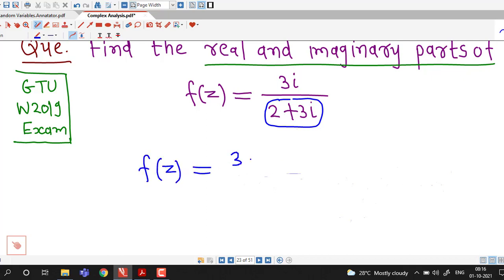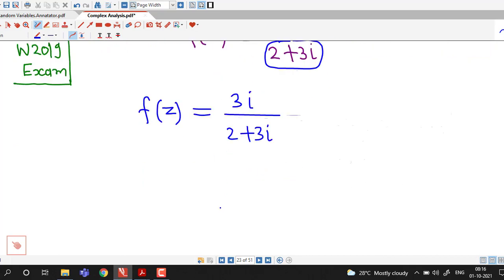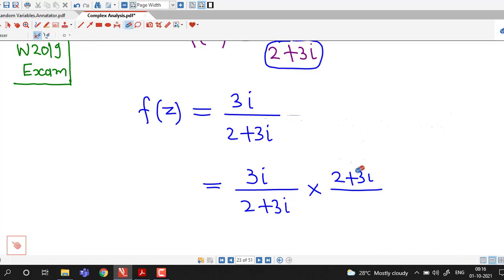So f of z is 3i divided by 2 plus 3i, and we multiply 3i by 2 minus 3i, the conjugate of 2 plus 3i, divided by 2 minus 3i.